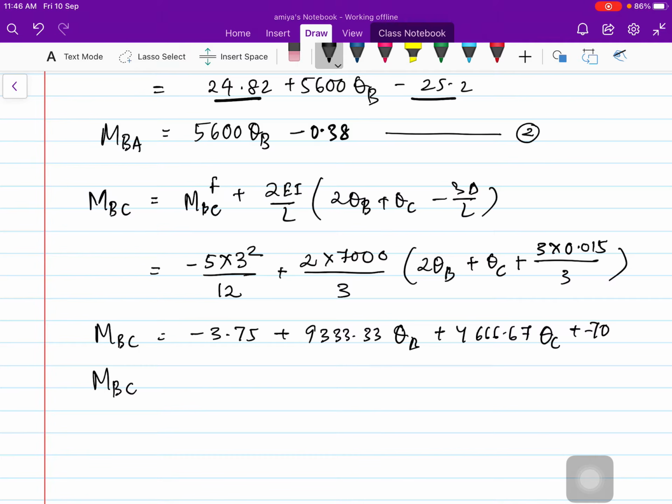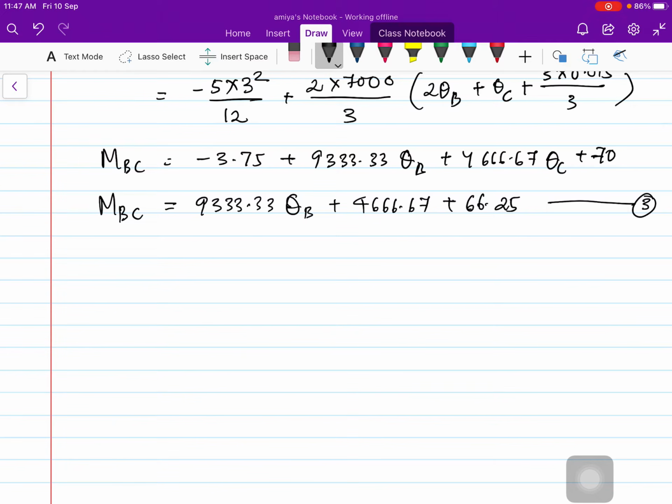So MBC is equal to, first let me take the theta B term, then the theta C term, then adding 70. This is plus 70. 70 minus 3.75 gives 66.25. So this gives our equation 3.